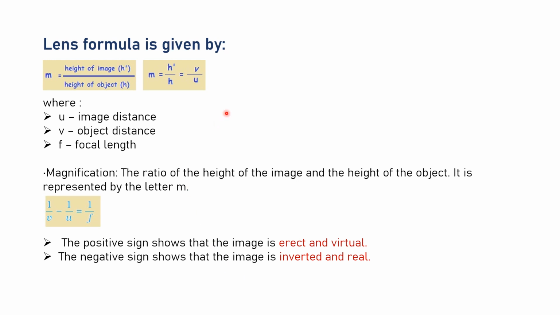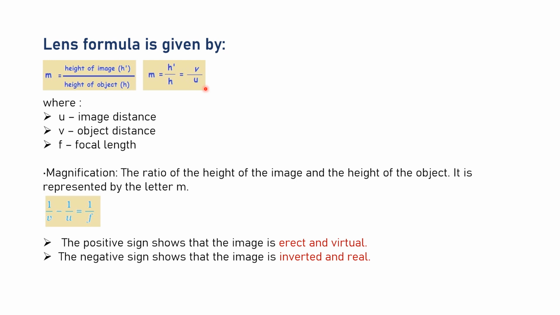Okay, we have given the lens formula here. This lens formula is similar to the lens formula in the mirror, but the only difference is a sign difference, right? So m is the magnification, right? Magnification is a ratio between the height of the image and height of an object, right? And here m can also be defined as v upon u.